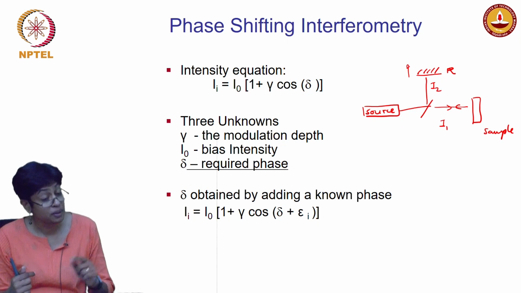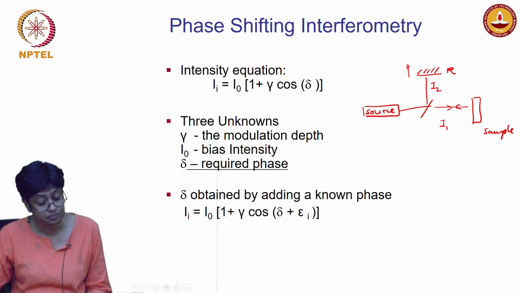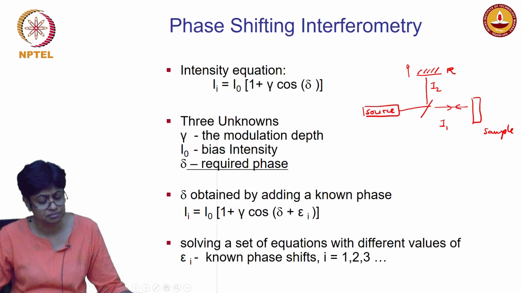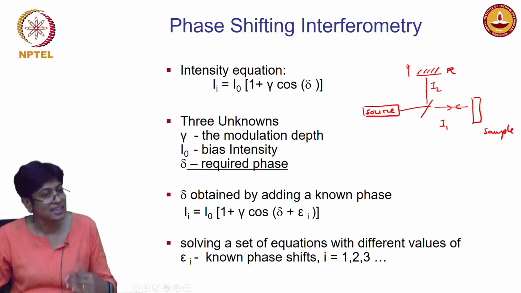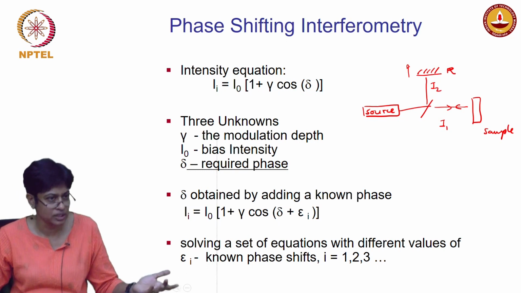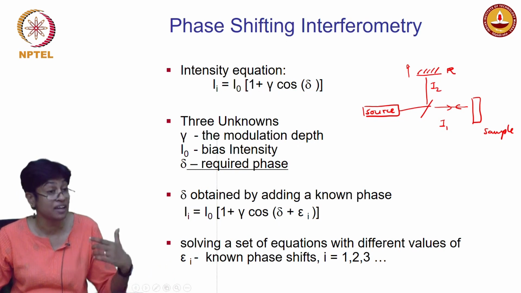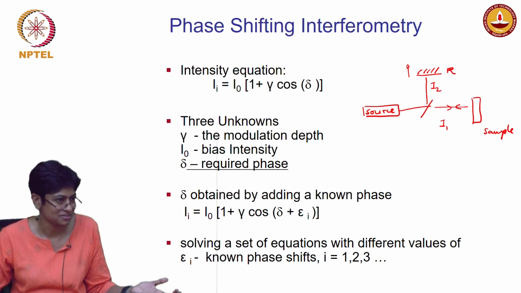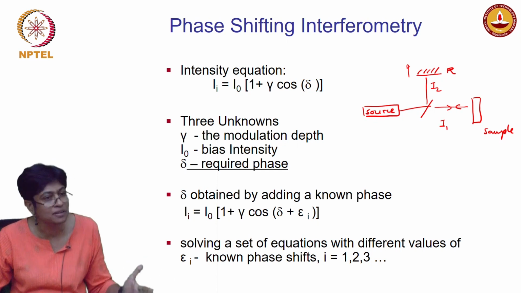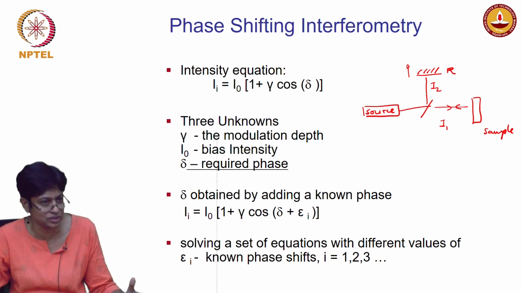So if I make a measurement now, I have I1, which is this measurement, and I do this repeatedly, I can now get 3 equations. I have 3 unknowns, but I have 3 equations, and then I can solve it, right? I need to have at least that many equations as there are unknowns.